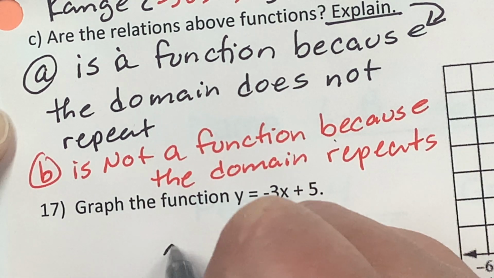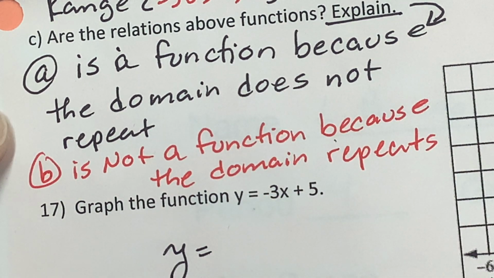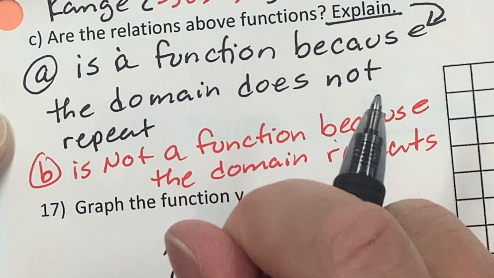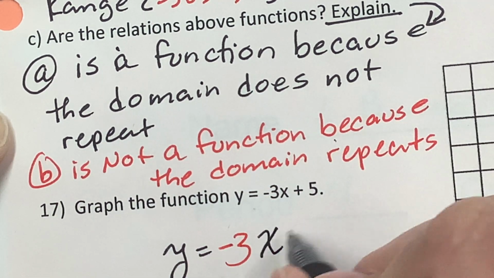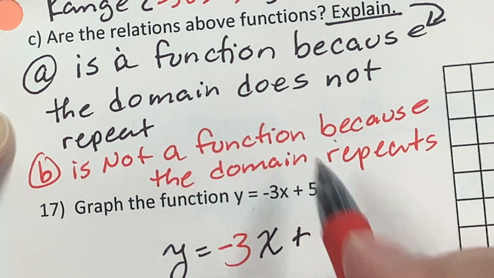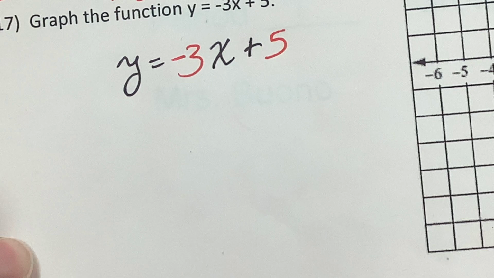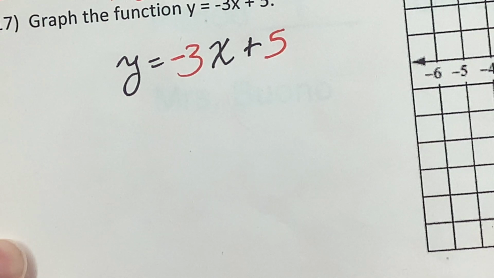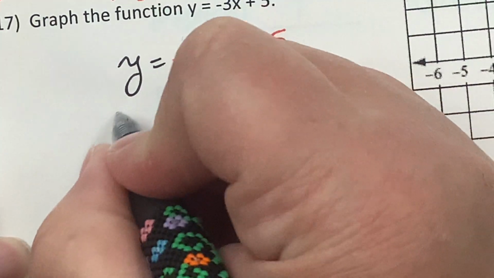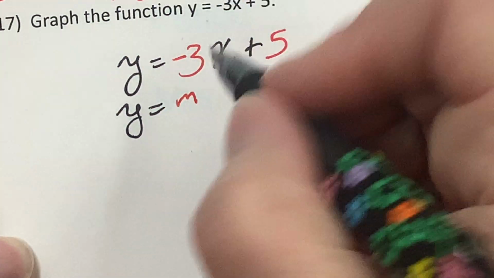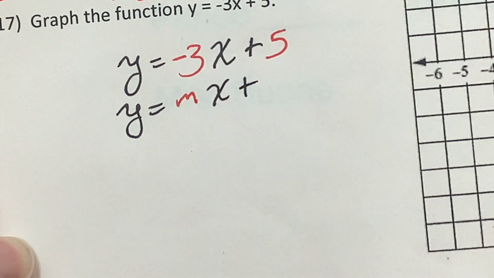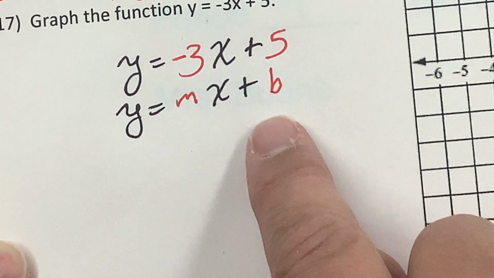Okay, I have this. y = -3x + 5. Now, remember, if you're going to graph a function, you need two things. You need the y-intercept and you need the slope. So, y = mx + b. Now, memory, begin at the back with the b.